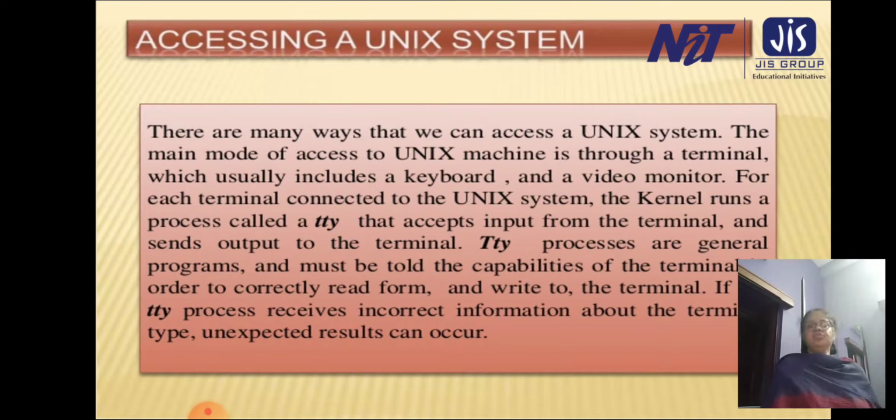Accessing a Unix system. There are many ways that we can access a Unix system. The main mode of access to a Unix machine is through a terminal, which usually includes a keyboard and a video monitor. For each terminal connected to the Unix system, the kernel runs a process called a TTY that accepts input from the terminal and sends output to the terminal.